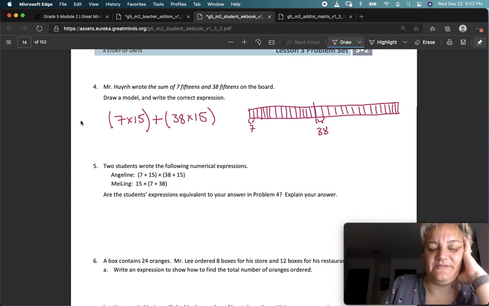What is 15 times 7? Okay, that's 35. Carry the 3, 7, 8, 9, 10. So this side is 105.